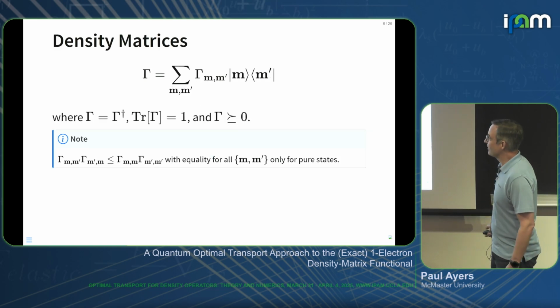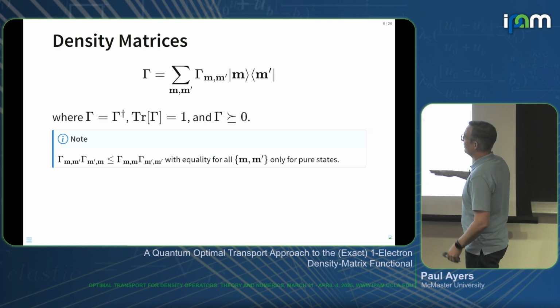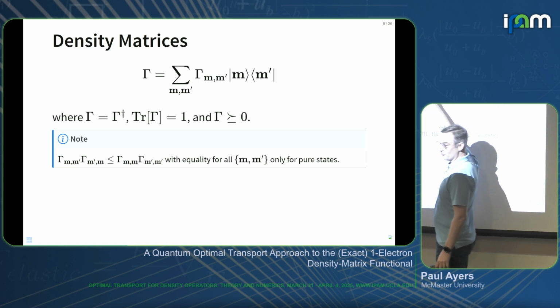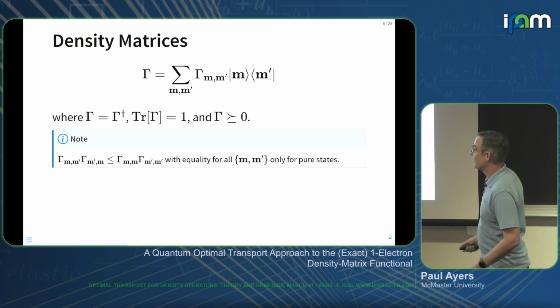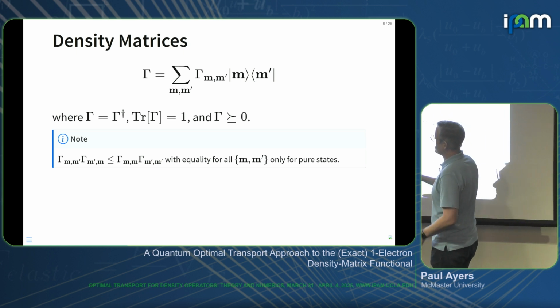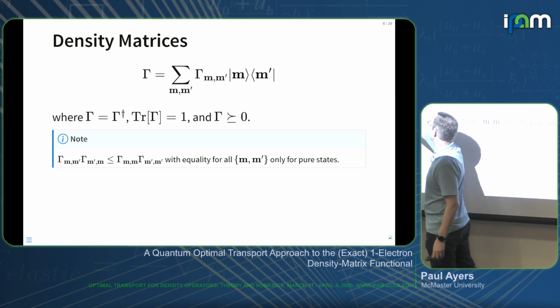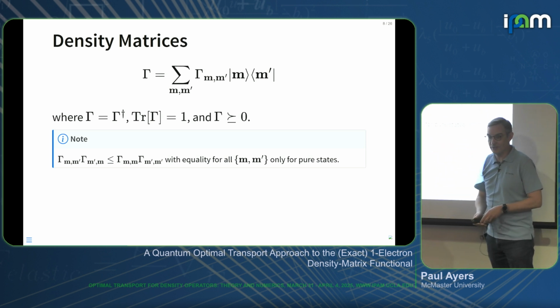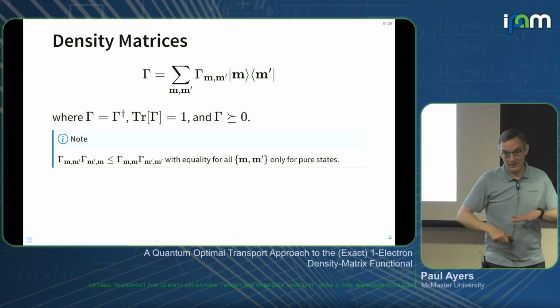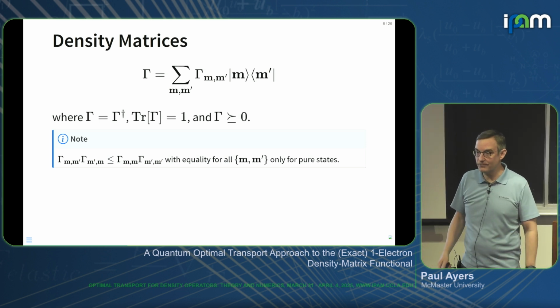And I think, in some sense, that's the motivation for using the density matrix instead of the wave function, right? Which we expand in our same basis, right? And the nice thing about this is it's Hermitian, has trace 1, it's positive semi-definite. The nice thing about that is now this is a nice convex set, right?